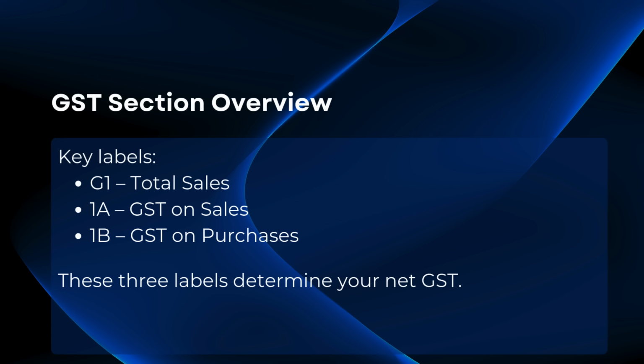G1 should match the total income shown on your accounting software for the BAS period. If G1 seems unusually high or low compared to previous quarters, investigate why before lodging. Sometimes this highlights missing invoices or duplicate transactions.